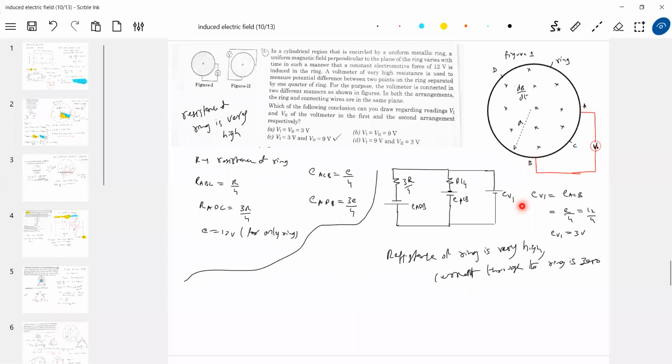That is the idea I should generate. No EMF, no net EMF.